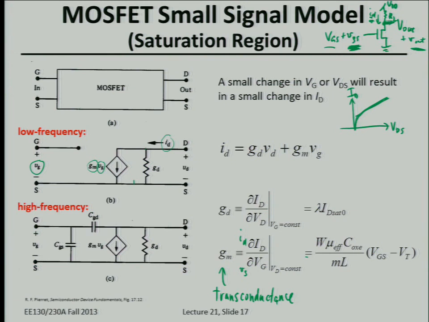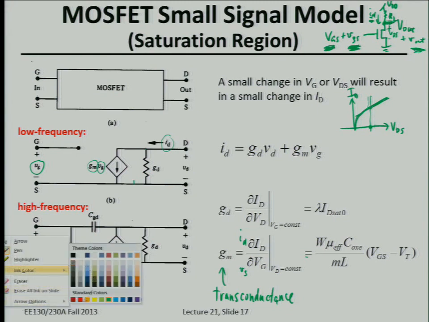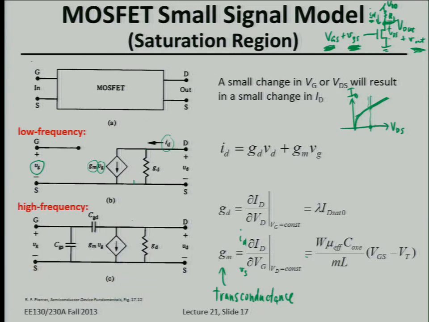That means a change in the voltage drop across RL, therefore a change in the output voltage. But this output voltage is also equal to VDS, right? So let's say that, due to this DC, we're operating here. If we change the drain to source voltage because of the applied input signal, that means we're operating around here.